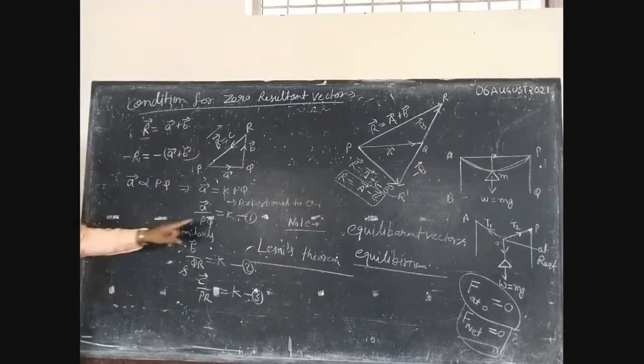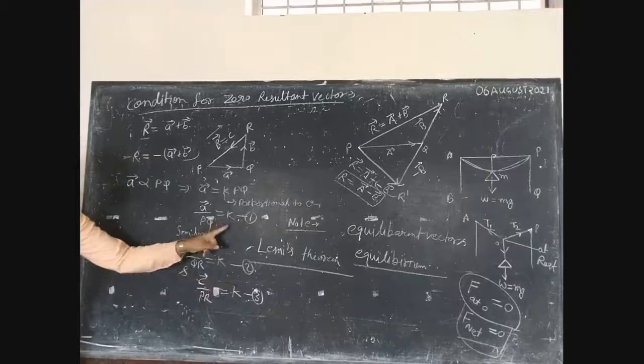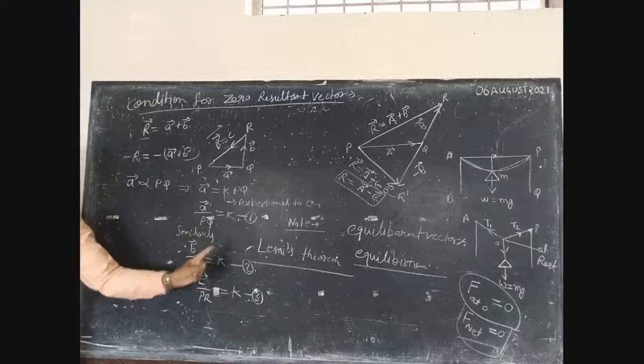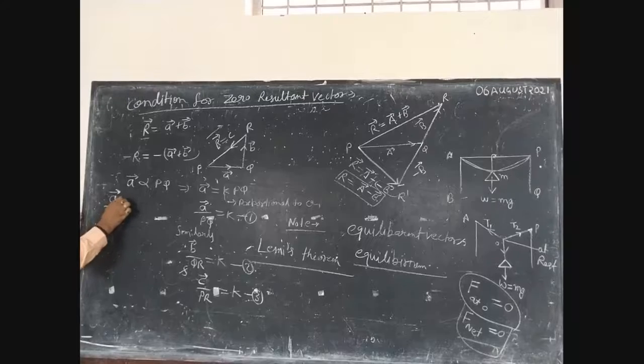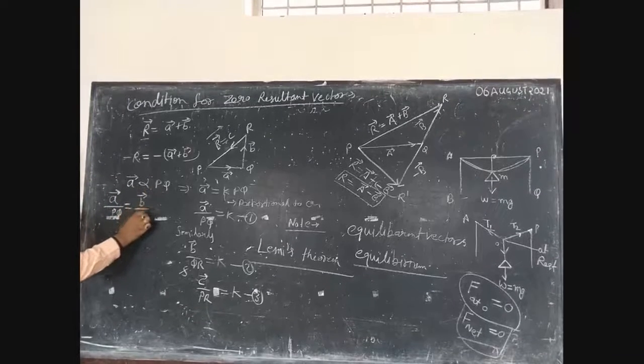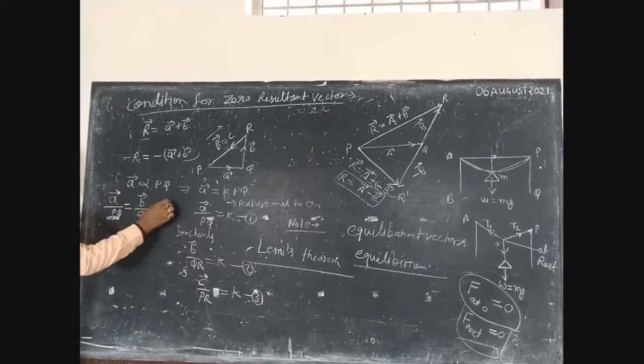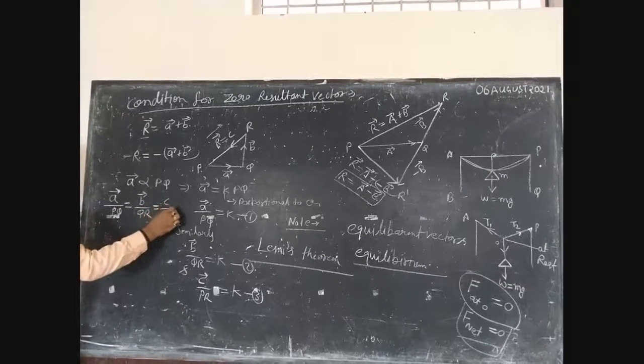Now, because all the three equations have K on the RHS, we compare all three and we get the condition of zero resultant: vector A upon PQ, vector B upon QR, and vector C upon PR.